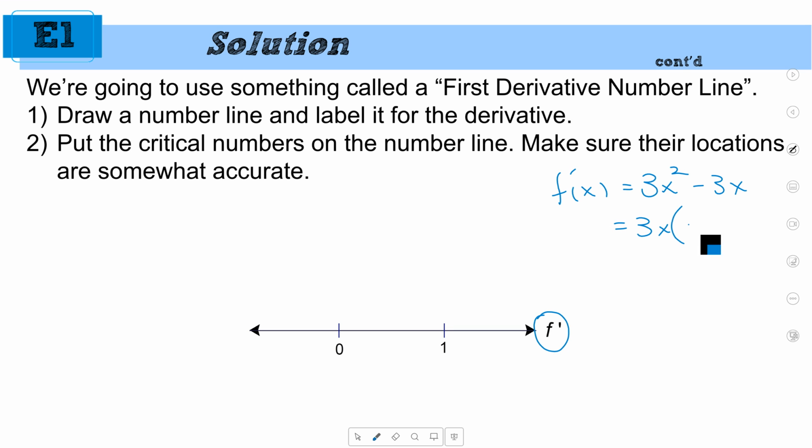So 3x times x minus 1. It will commonly be advantageous to you to factor it like this, because it makes it easier to determine if it's positive or negative. That's all I care about.